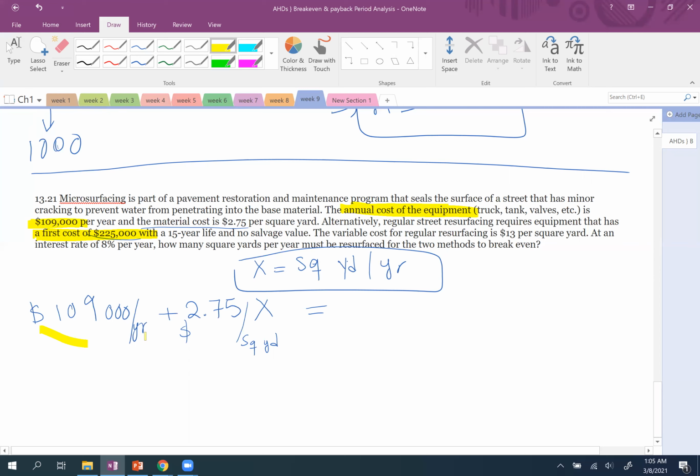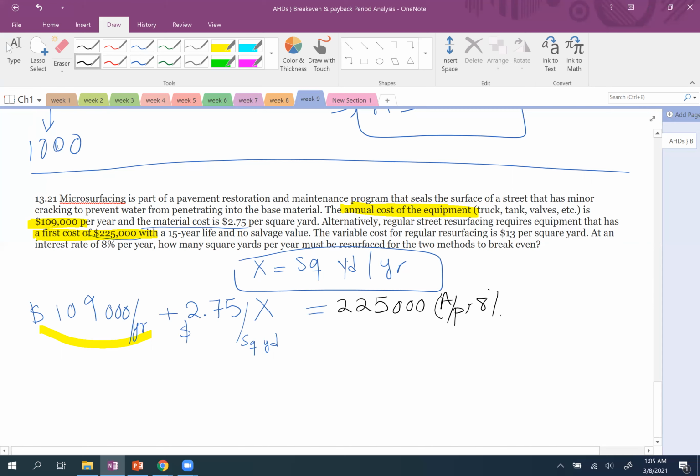So I have to convert that first cost to A, because you have to be careful about the units, and you can set them equal when they have equal units of time. So I have to convert that 225K to A for a given P, interest rate of 8%.